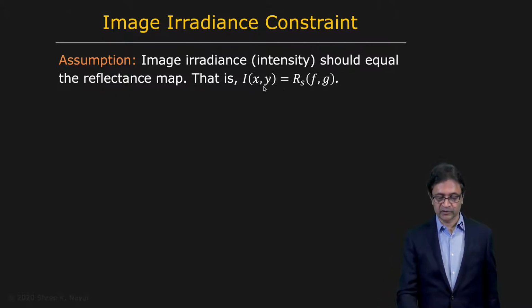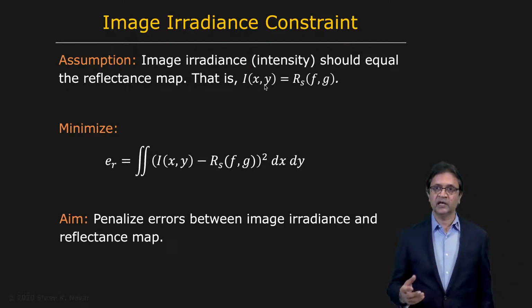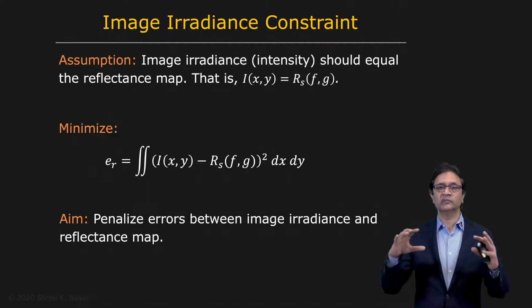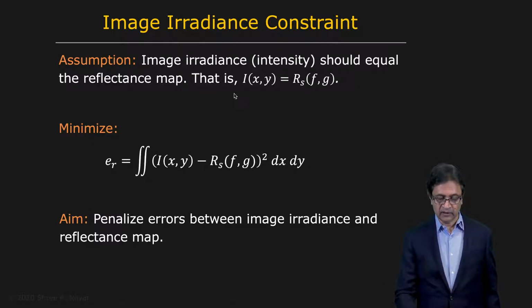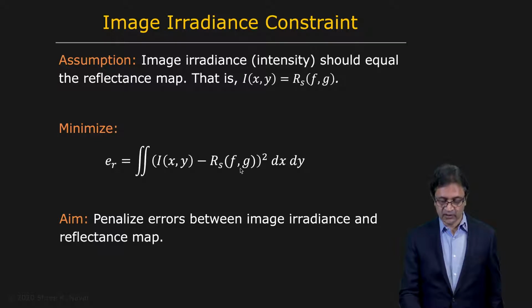The pixel being represented as XY right here. So what we're saying is that let's assume for a minute you've computed FG values at all points in the image, then the difference between the intensity you measure at a point minus the reflectance map value estimated using the measured or estimated FG values, that should be 0.